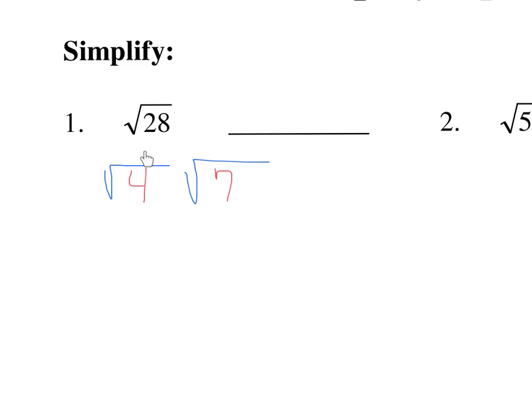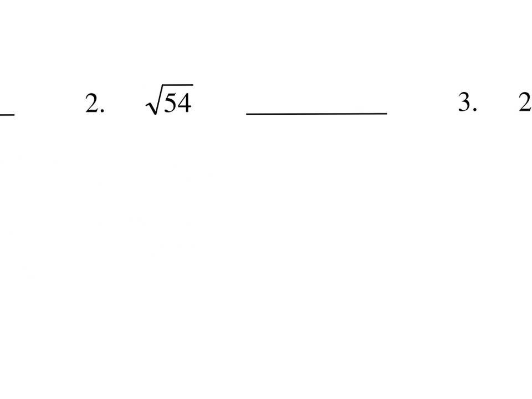And since this is a perfect square, I can then take the square root of 4, which is 2, and the numbers that I left here in the not perfects, they will just stay under. So this simplifies to 2 square root of 7. If you need more in-depth explanation, you should go back and watch the actual video, the lesson.